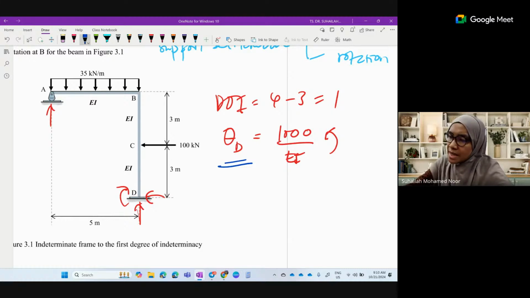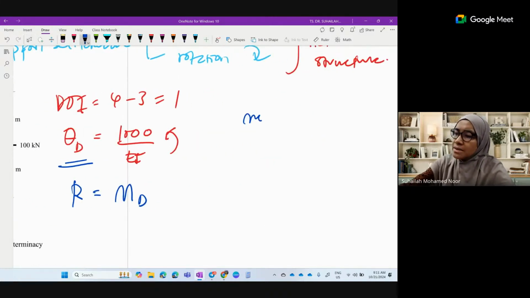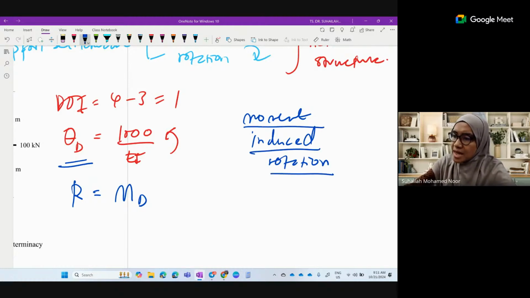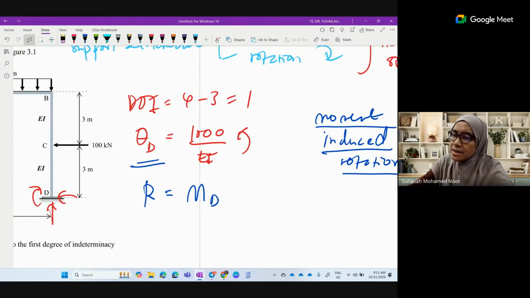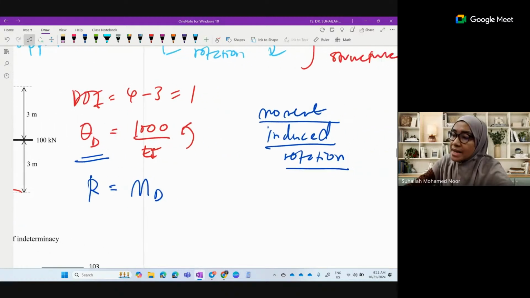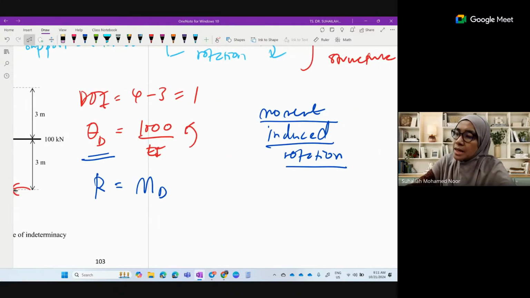If the settlement occurs at theta D, please choose MD as the redundant, the moment inducing rotation. So in this case, if rotation at D is given, choose moment at D as the redundant, so that we can directly get the compatibility equation. This is a tip.